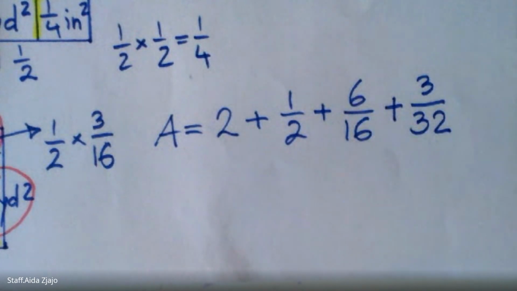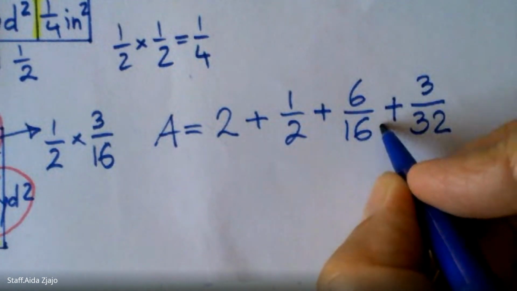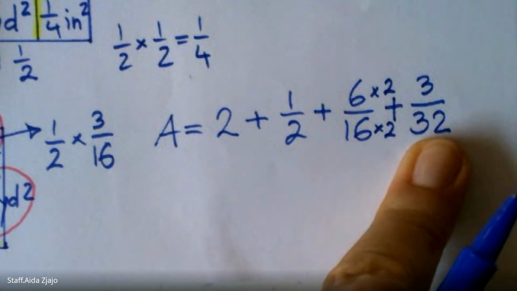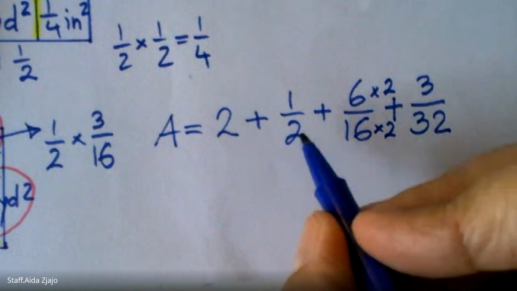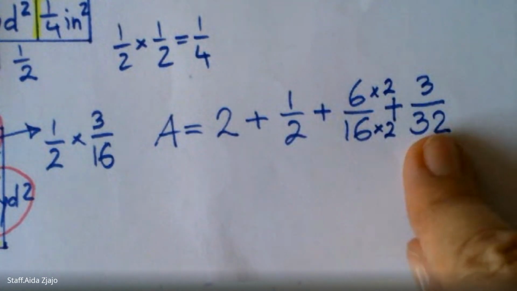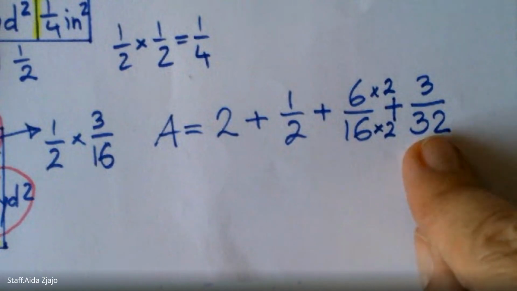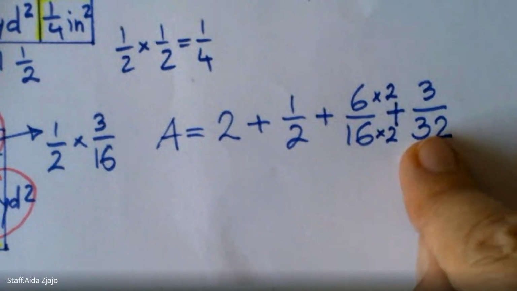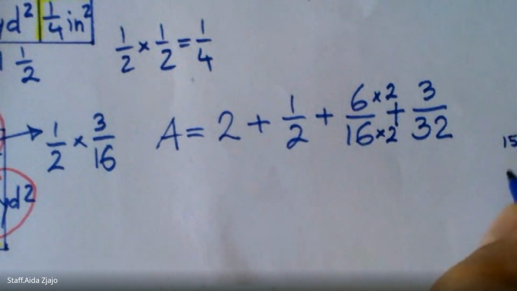So 16 times 2 would be 32. And 2 times what makes 32? Or we can say, what is half of 32? We can think half of 30 is 15, and half of 2 is 1. So together, half is 16.